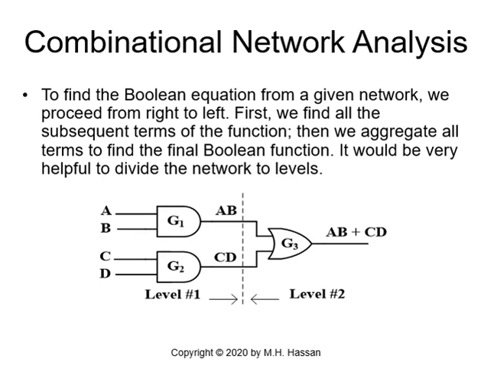So here we have an AND gate G1, the output will be AB. We have another AND gate G2, this is called a two-level circuit, CD. In the third level we have AB or CD, so the value of F will simply be AB or CD.